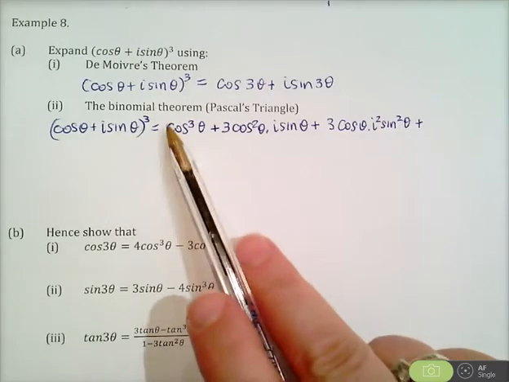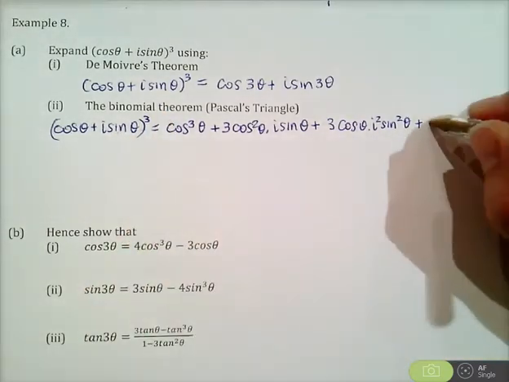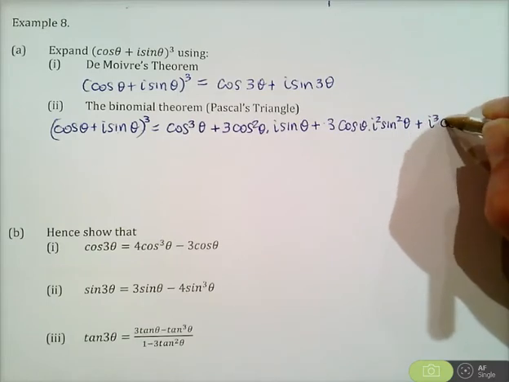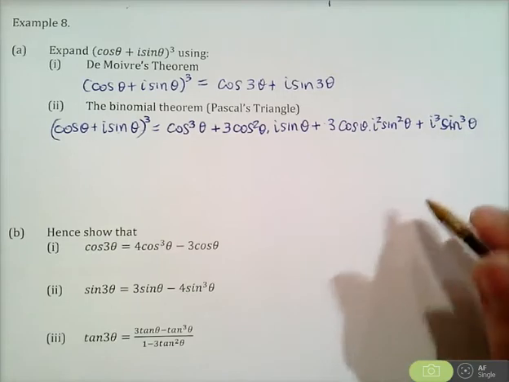Notice our coefficients 1, 3, 3, and this last coefficient is 1, and it's just this term cubed, so we've got i cubed sine cubed theta.